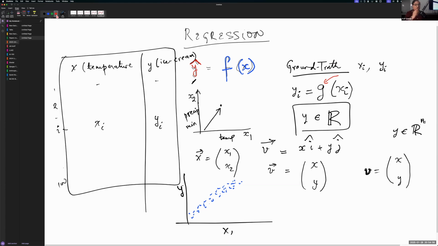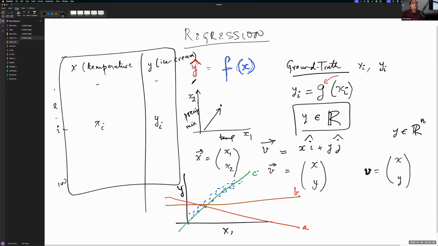So I'll make two hypotheses. One hypothesis is this is the relationship. Another hypothesis is this. Let me call it hypothesis A, hypothesis B, right? And let's take another hypothesis, C.